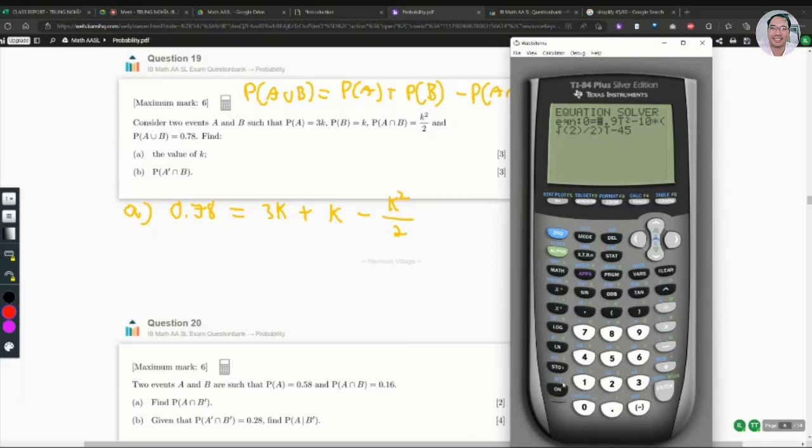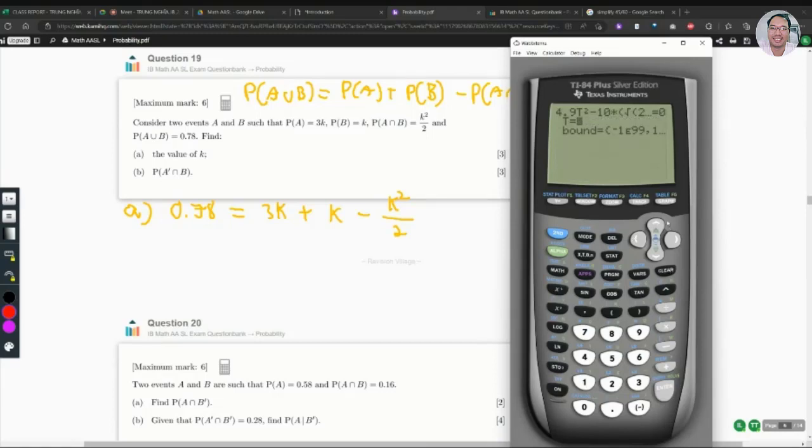Sure. Firstly, turn it on. Click here the math function, and go up so that it shows right to the bottom. Solver, equation solver. Hit enter, and then you need to add in the equation.